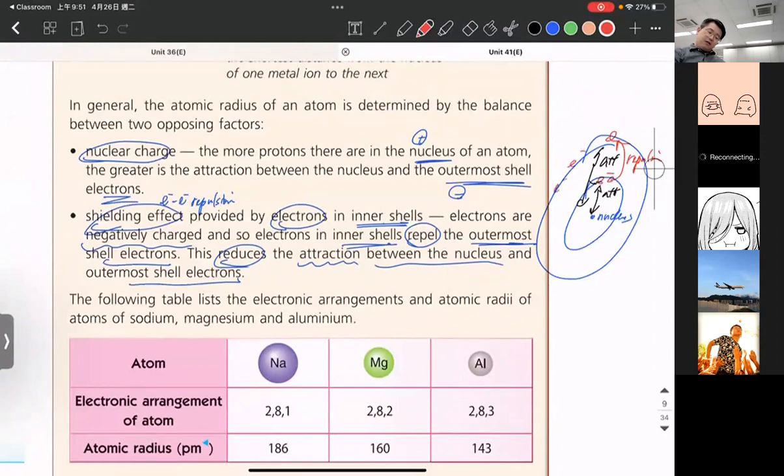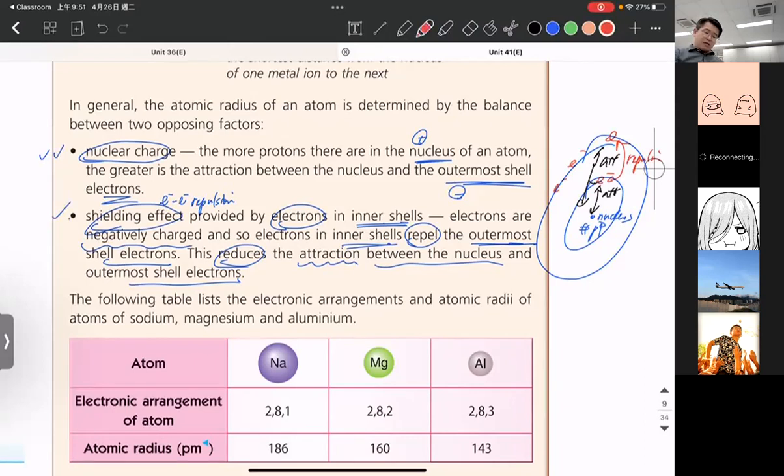At the same time, we have got more protons added. Both increase, which means the nuclear charge increases, and the shielding effect also increases. But the extent of the increase of the shielding effect will be less.